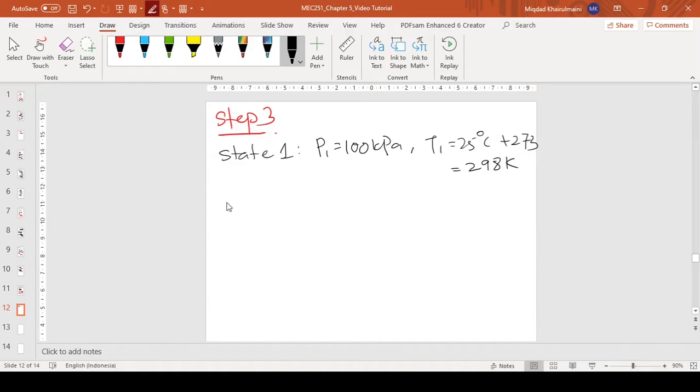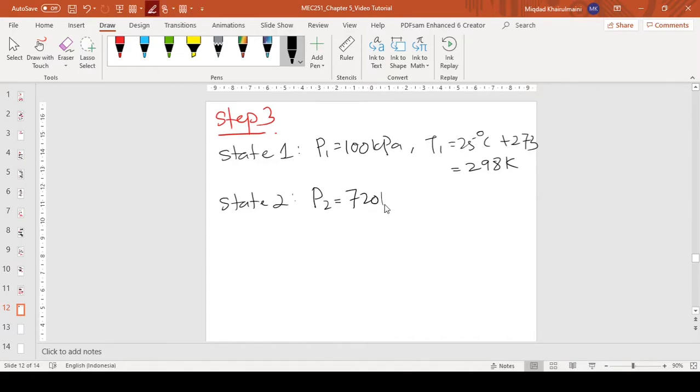Then we go to state 2. The pressure was already given in the question, 720 kilopascal.